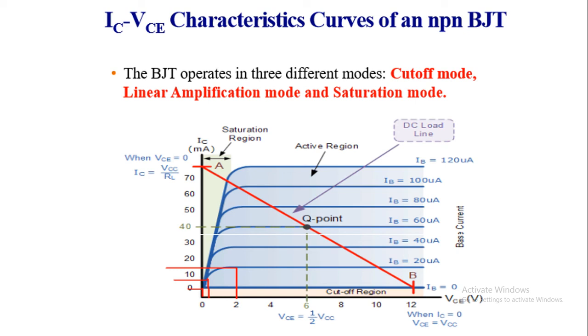Or it's a diagram for calculating the table for I base for every corresponding VCE and I collector. Okay, saturation region, which is the last one. So I saturation is equal to the maximum IC when VCE is equal to 0.